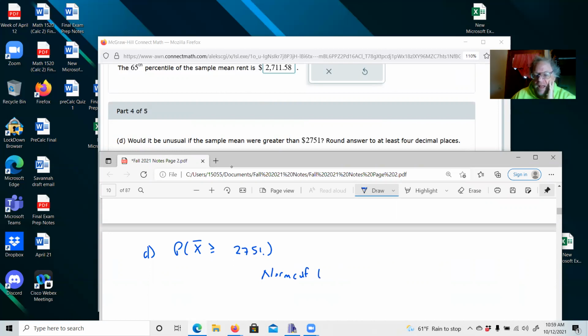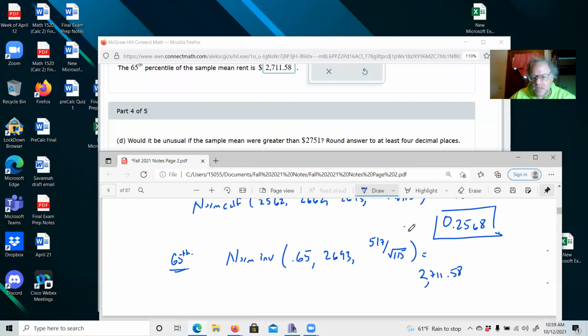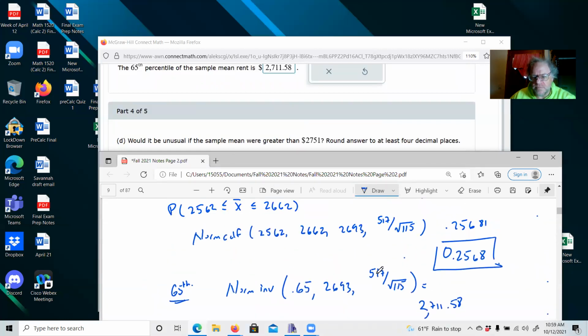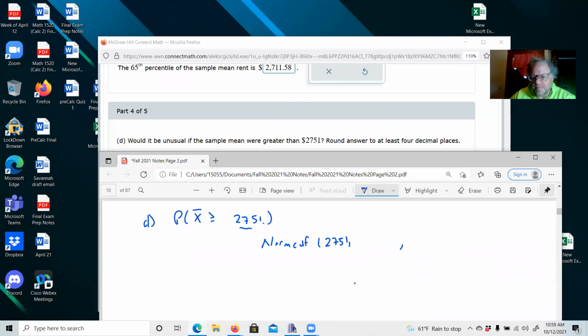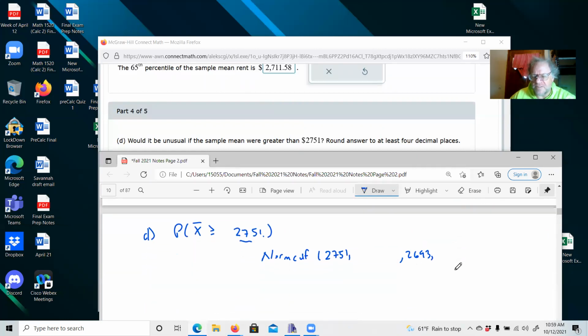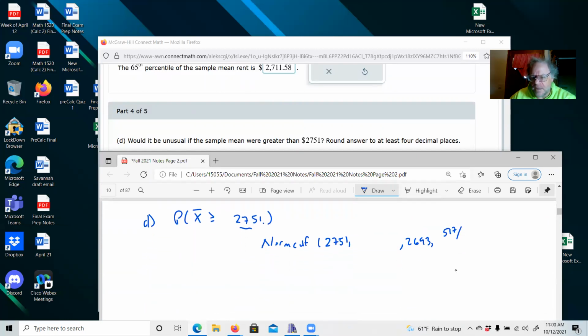We have a low number because we want more than this, 2,751, and then we have to figure out a good big number. My average was 2693, and my standard deviation was 517 over the square root of 115. Let's type in 1 EE 99 this time, just for a change.